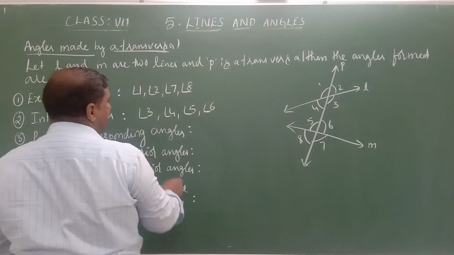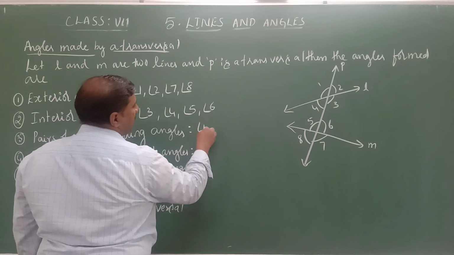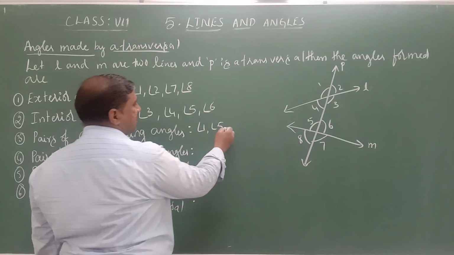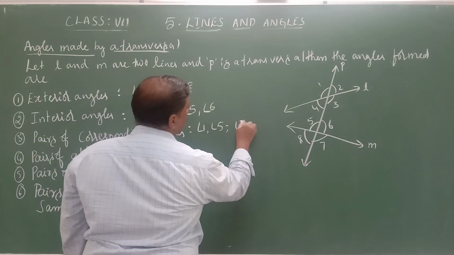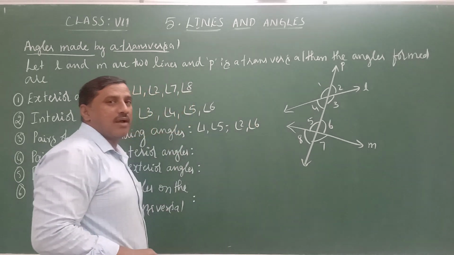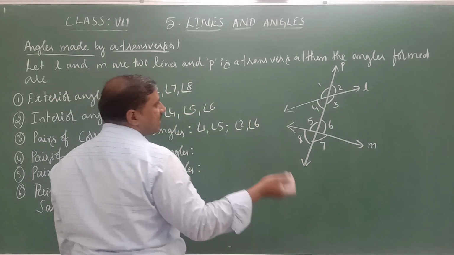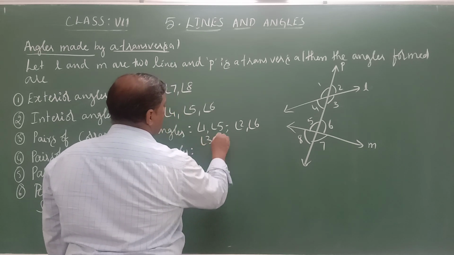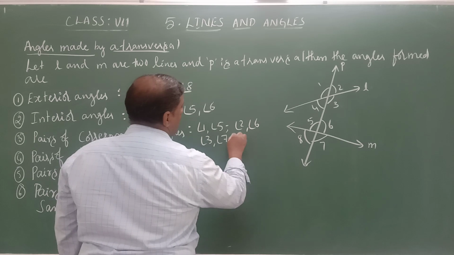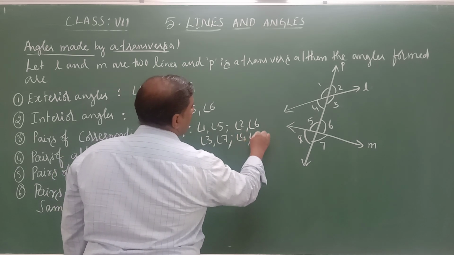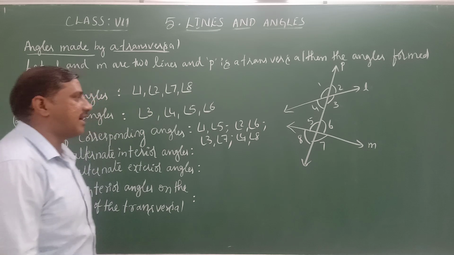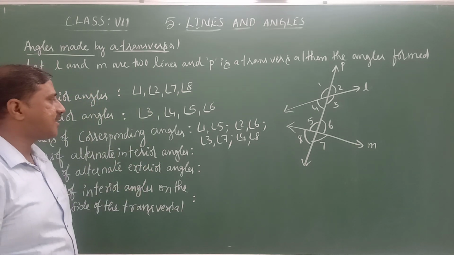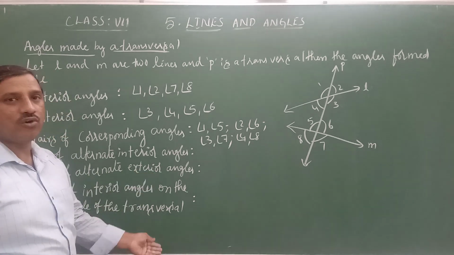So the pairs of corresponding angles are angle 1 and angle 5, angle 2 and angle 6, angle 3 and angle 7, and angle 4 and angle 8. We have four pairs of corresponding angles.